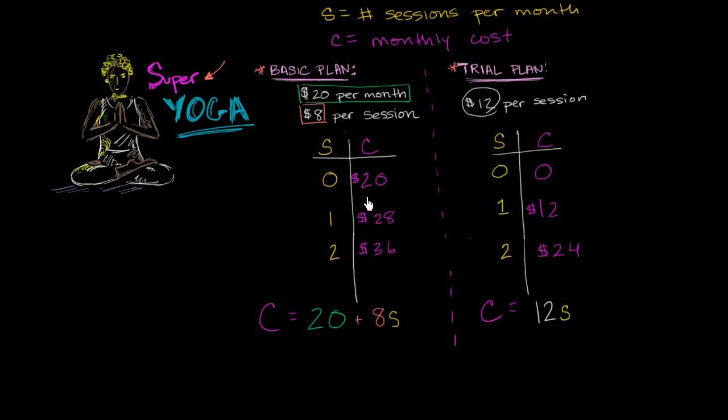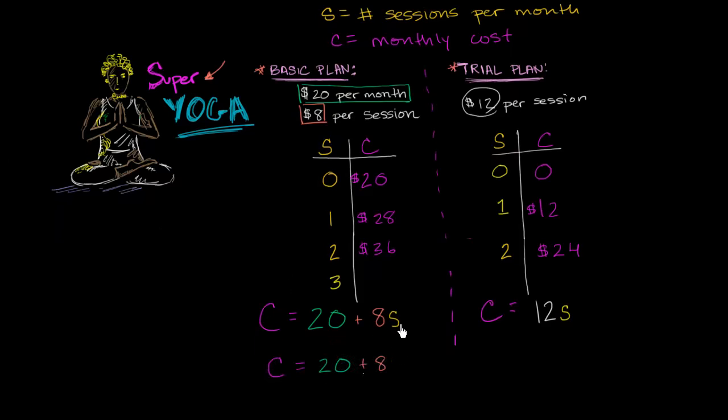So as a starting point, let's think about how much it'll cost for us to attend 3 sessions in a given month under the basic plan. Well, we've got our equation right over here. Our total cost in that month is going to be equal to 20 plus 8 times the number of sessions.